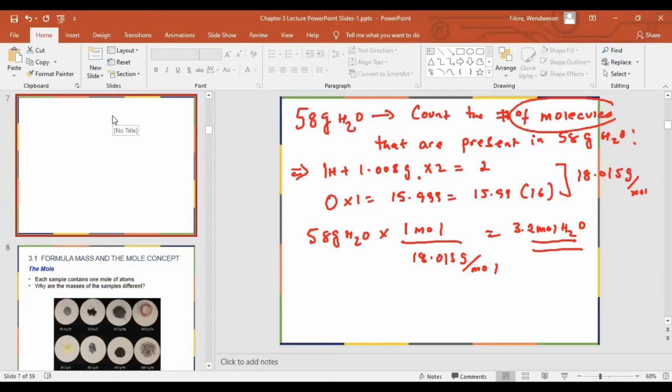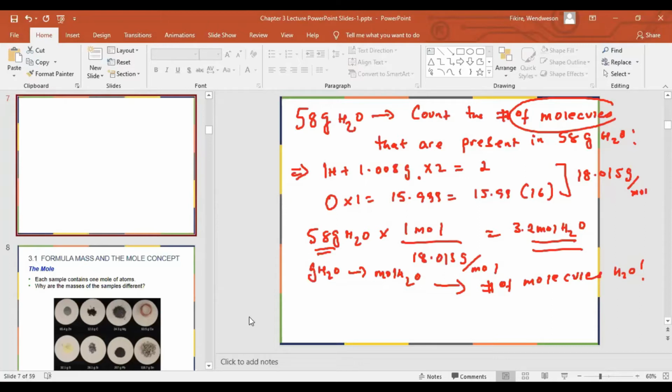She has to first convert the grams of water into moles of water, and eventually she's going to convert the moles of water into the molecules of water. Does anybody have any question before we go further? I don't see any hands raising. Okay, go ahead, continue, please, Brittany.